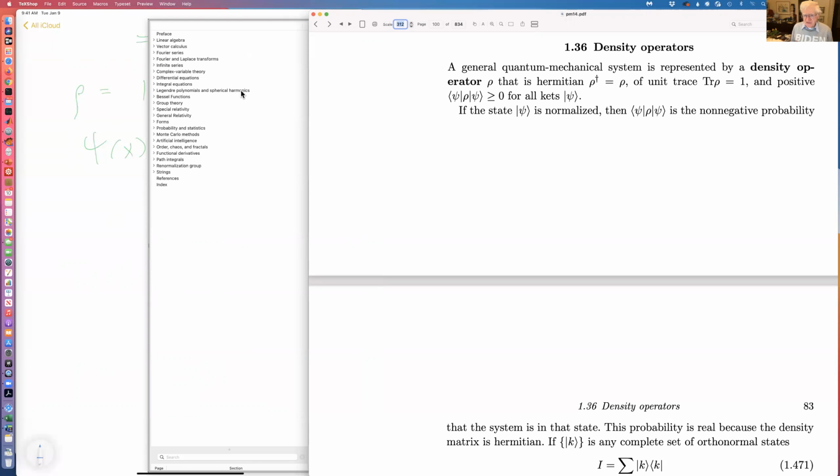And in physics, the things that we write down on paper are all mathematical objects, and they all say things about physical objects.